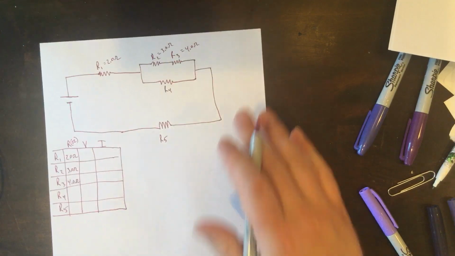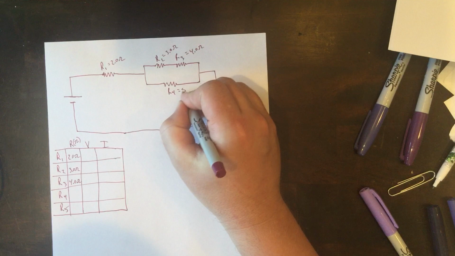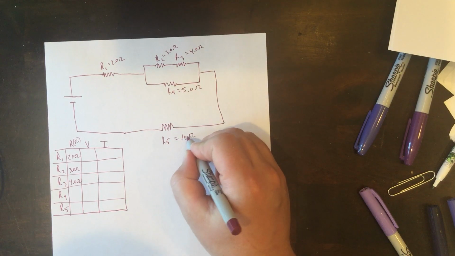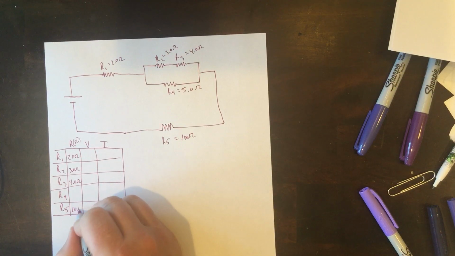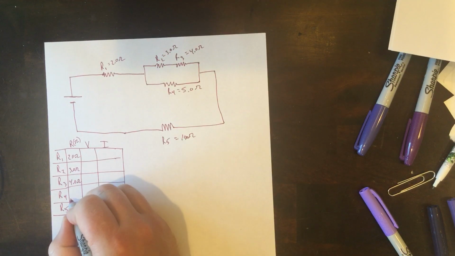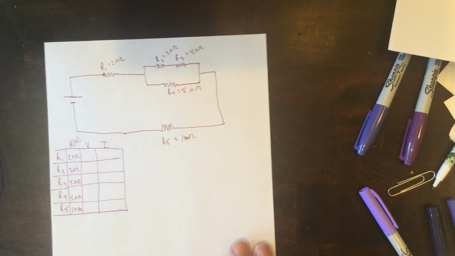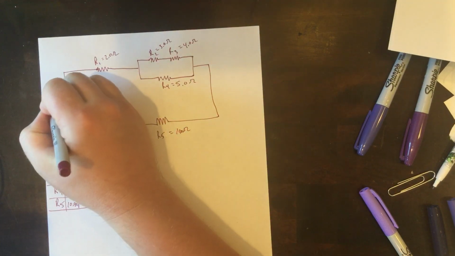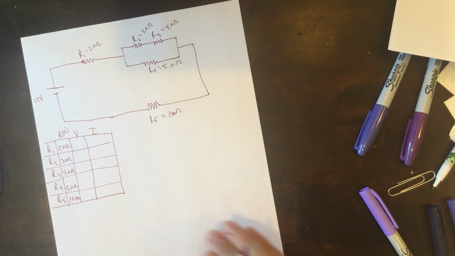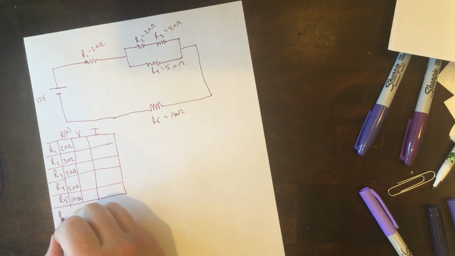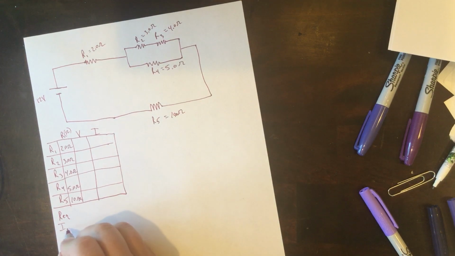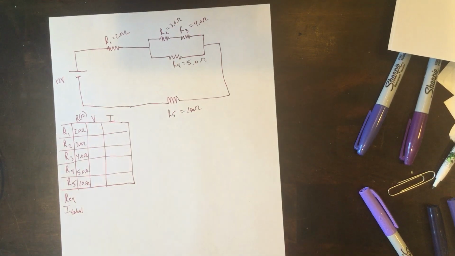That'd be a lot easier. R4 is 5, and R5 is 10.0 ohms. Okay, and we're going to give this a voltage of 12 volts. Now, 2 other things that we might have here is we want to find the equivalent resistance of the entire thing and also the total current. We'll get to that at the end or beginning, depending on how you look at it.